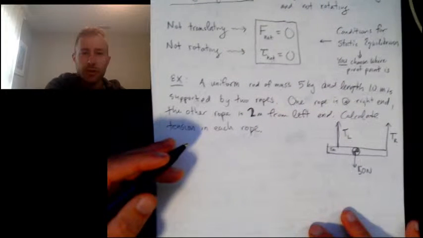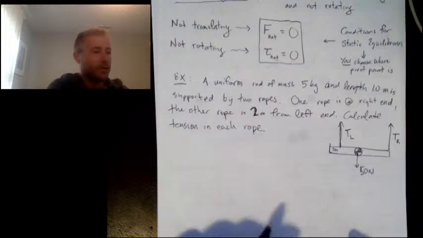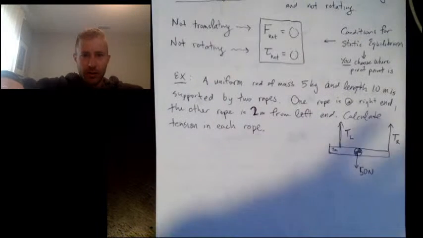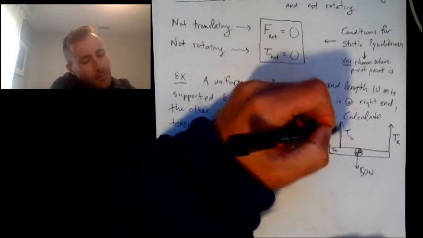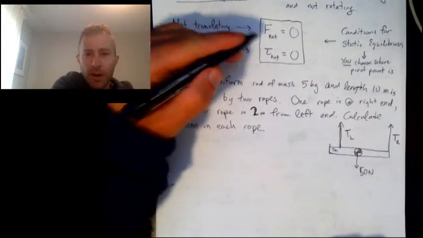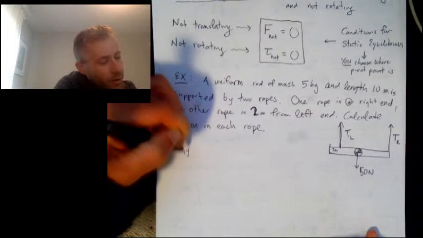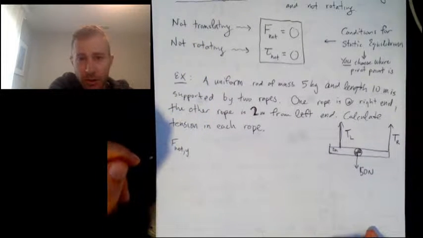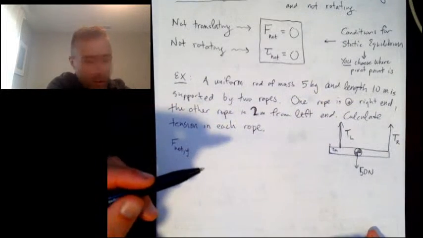So how are we going to do that? We're going to apply static equilibrium because this rod is just sitting horizontally. First of all, I'll apply that the net force is 0. And when I say the net force is 0, I mean the net force in the y direction is 0 in this case because there are no horizontal forces.